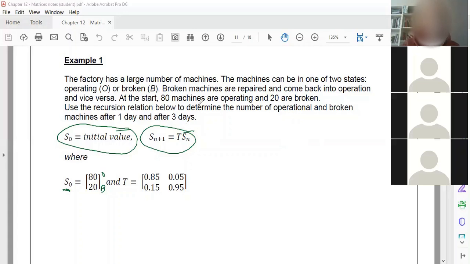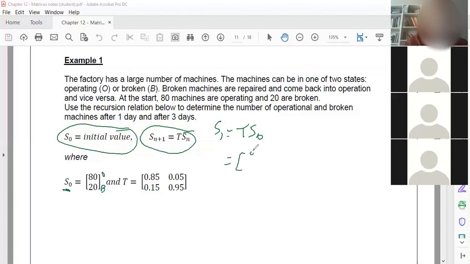They've said use the recurrence relation below to determine the number of operational and broken machines after 1 day and after 3 days. Okay, so we're going to do S of 1 over here. S of 1 is going to be T times S of 0, just like we did with the recurrence relation.